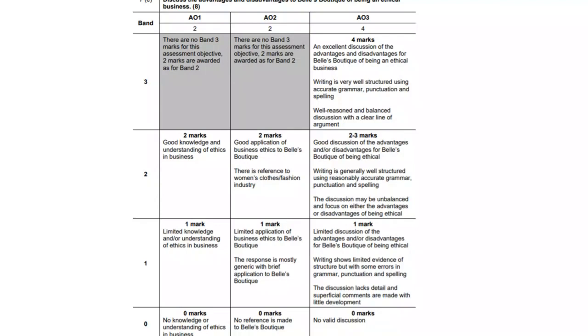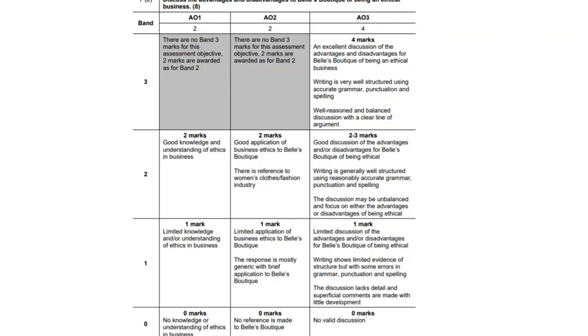Looking at band 1, you could get up to 3 marks from an 8-mark question. So you've got limited knowledge, limited application, and limited discussion. If you're just bullet pointing your answer, that's probably where you'd come in, band 1. Band 2 is sort of 4, 6, 7 marks potentially.